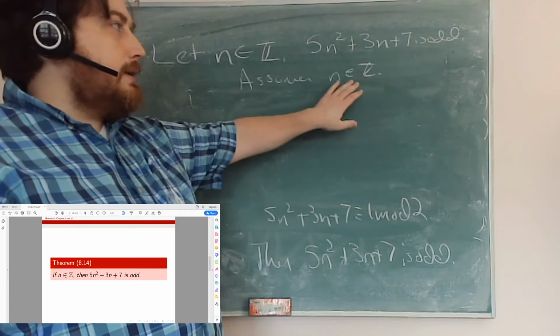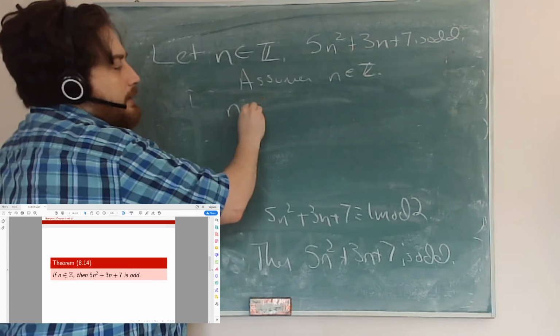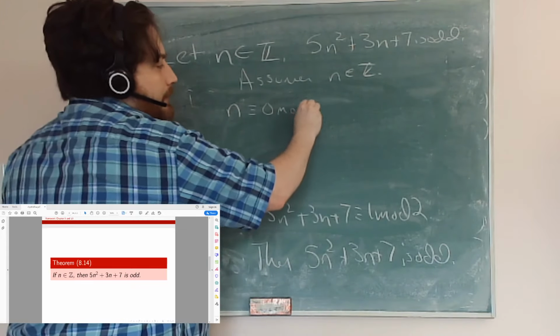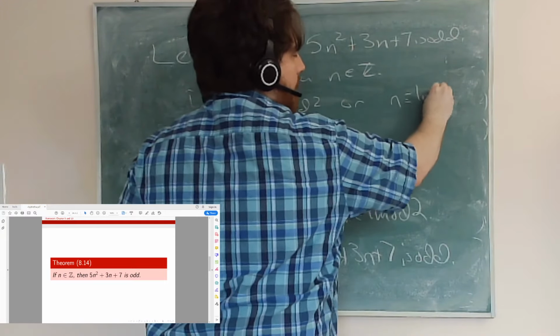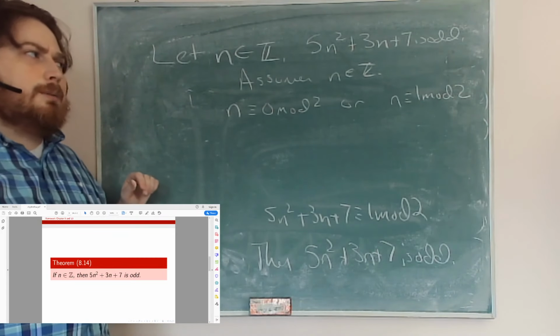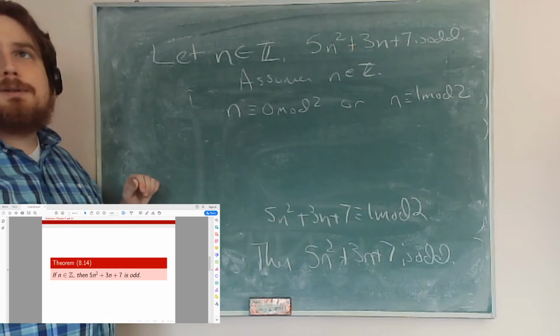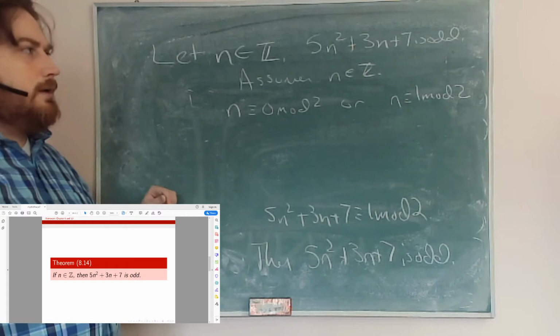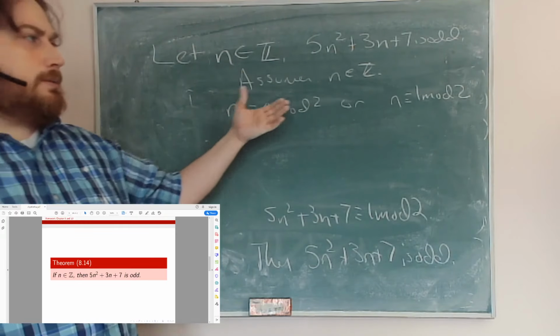Well, I don't have an exact answer here, but what I have is that either n is congruent to 0 mod 2, or n is congruent to 1 mod 2. Because when I take anything mod 2, it's either 0 or 1. Those are my only options. So I don't know which one it's going to be, but I know it's one or the other.